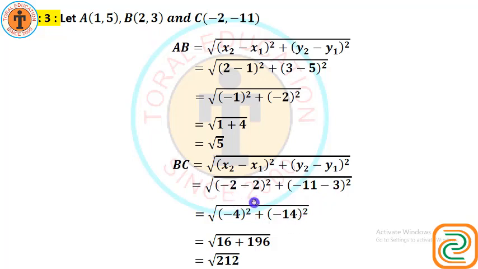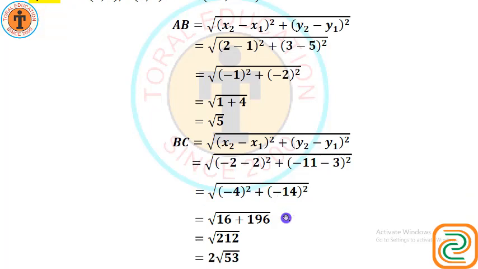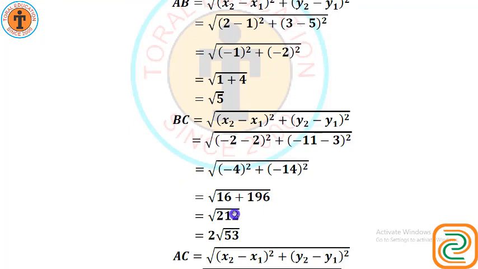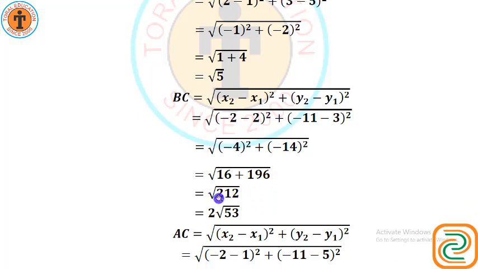So minus 2 that is minus 4 whole square and minus 14 whole square. We have got here root 16 plus 196, that is 212. Okay, if we take 4 as common, then 4 into 53, so square root of 4 is 2 root 53.